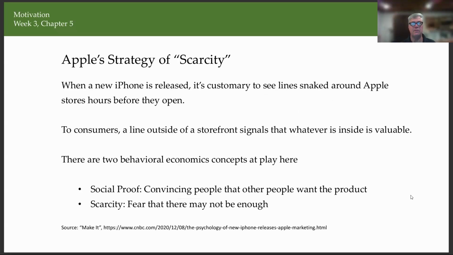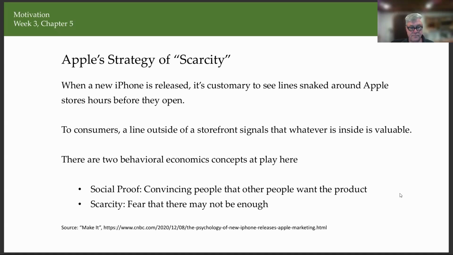Apple's strategy of scarcity. Here's another tactic that this brand uses. When a new iPhone is released, it's customary to see lines snaked around Apple stores for hours before they open. To consumers, a line outside of a storefront signals that whatever is inside is valuable. There are two behavioral economic concepts at play here: social proof, convincing people that other people want the product, therefore they all can't be wrong, I should get in that line.